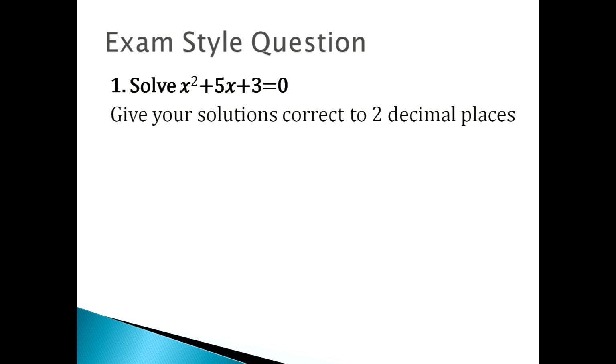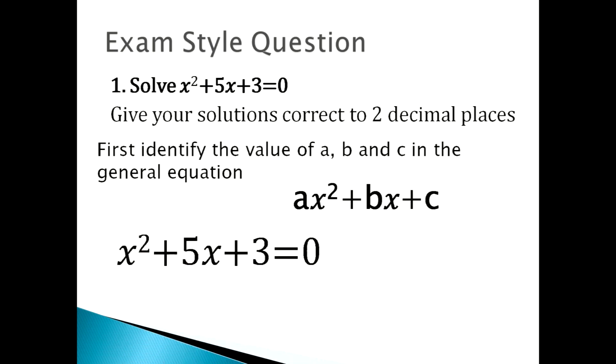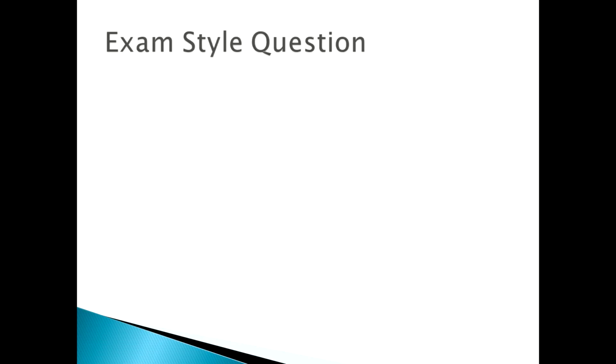A hint would also be if the question tells you to give your solutions correct to 2 or more decimal places. First, you need to identify the values of a, b, and c in the general equation, which is ax squared plus bx plus c. In this example, there is no number before the x squared, so you put down a as 1, because 1x squared is the same as just x squared.